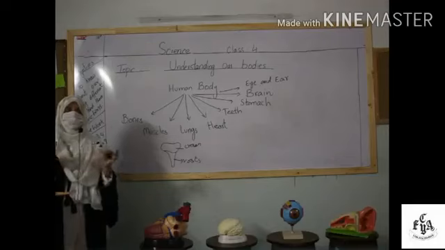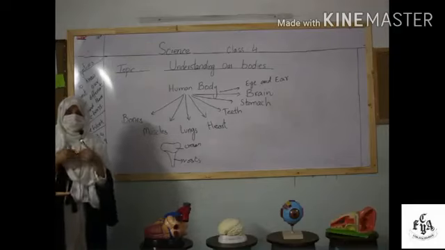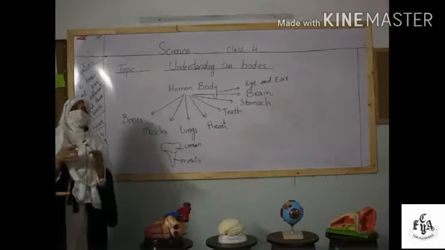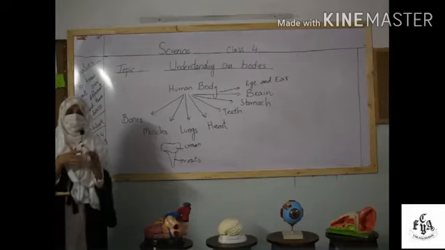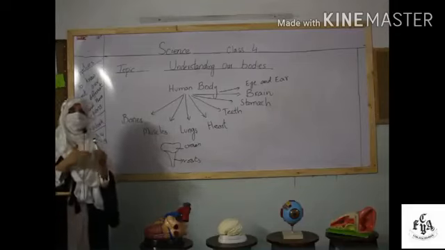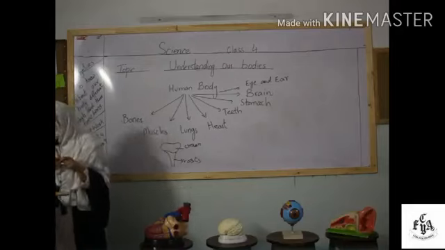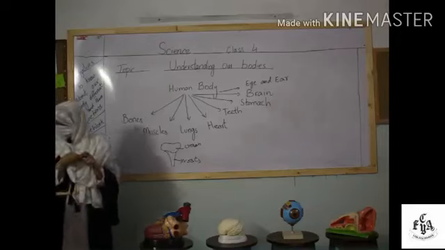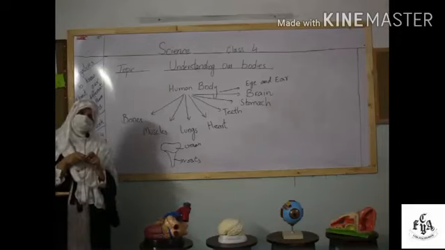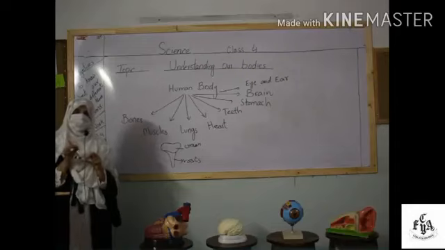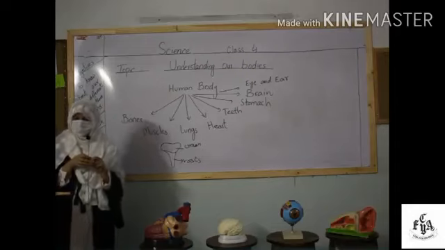In the stomach, there are different juices which are there naturally. These juices combine together and the food is converted into simple pieces, which can then easily be converted into the blood. So in the stomach, the main function is the digestion of food, to convert the food into simple substances which can easily dissolve in the blood.